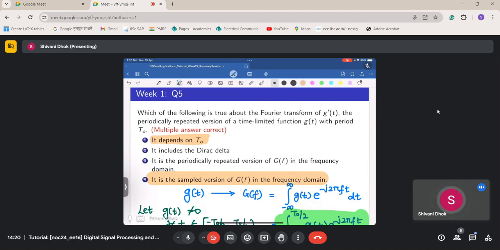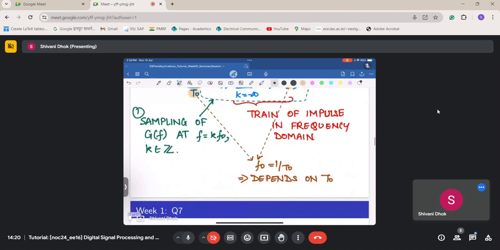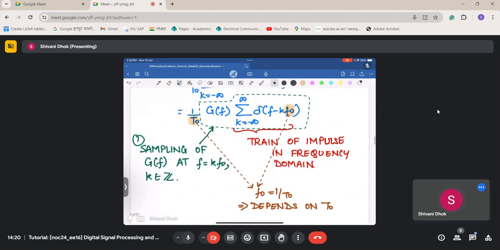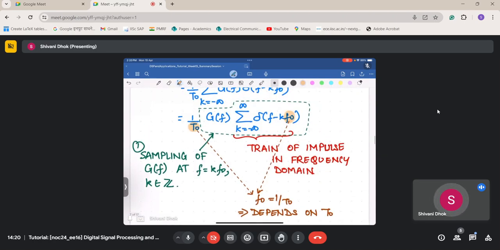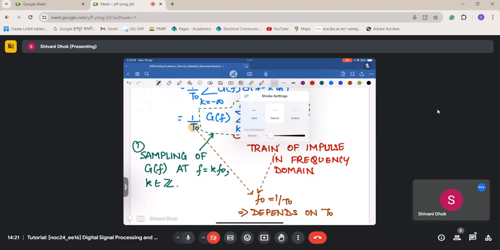Second option is it includes the direct delta function. Okay, so now we are having the entire train of impulse here. So this one is simply the train of impulse.